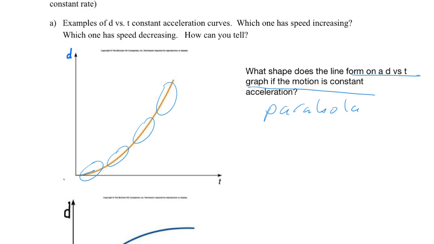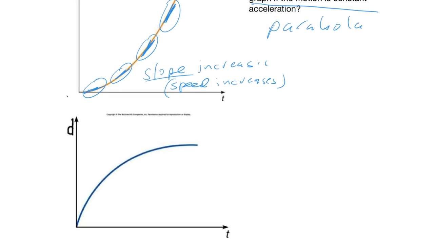The slope of the line is getting steeper. The line does not have a constant slope. The slope is increasing. That means the speed is increasing, because slope and speed are the same thing on a D versus T graph.